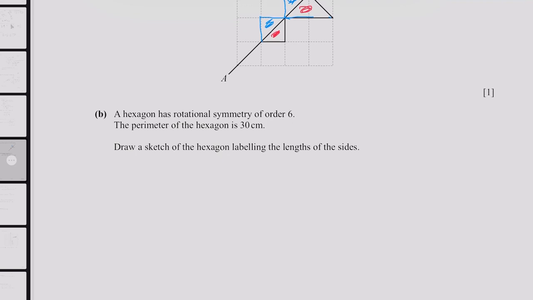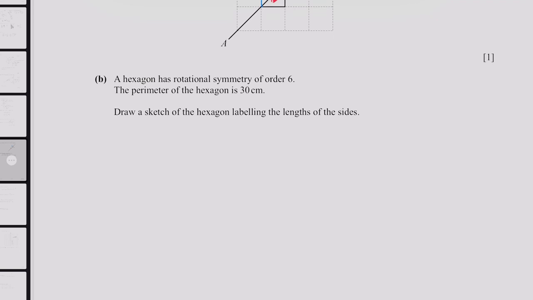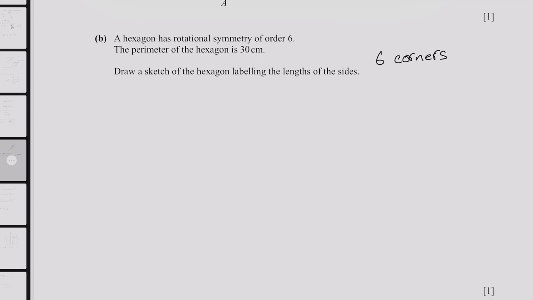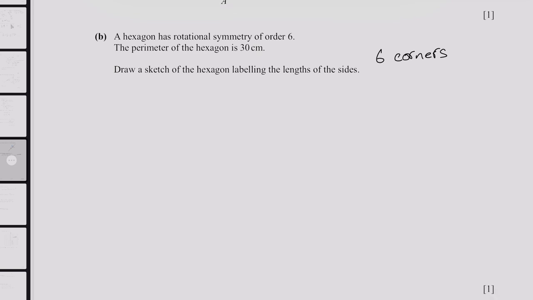Okay. A hexagon has rotational symmetry of order 6. The perimeter of the hexagon is 30 centimeters. Draw a sketch of the hexagon labeling the lengths of the sides. Okay, so a hexagon has six corners, and if there are 6 corners and the order of symmetry is also 6, this means that the shape is regular.